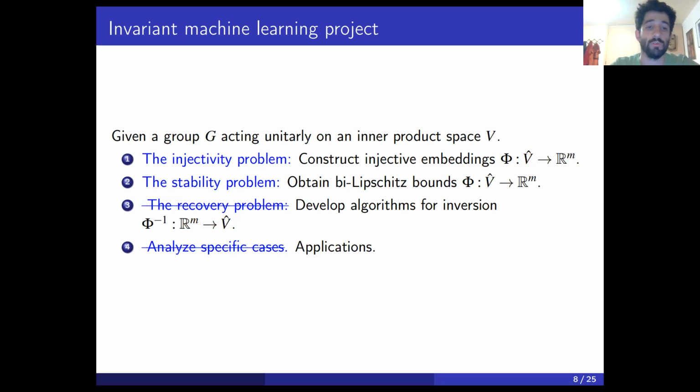I have crossed out the recovery problem and the specific applications, because I'm not going to talk about them today at all. So you can just have in mind the injectivity problem and the stability problem. And I will mainly talk about the stability problem, because for this we already have some results.